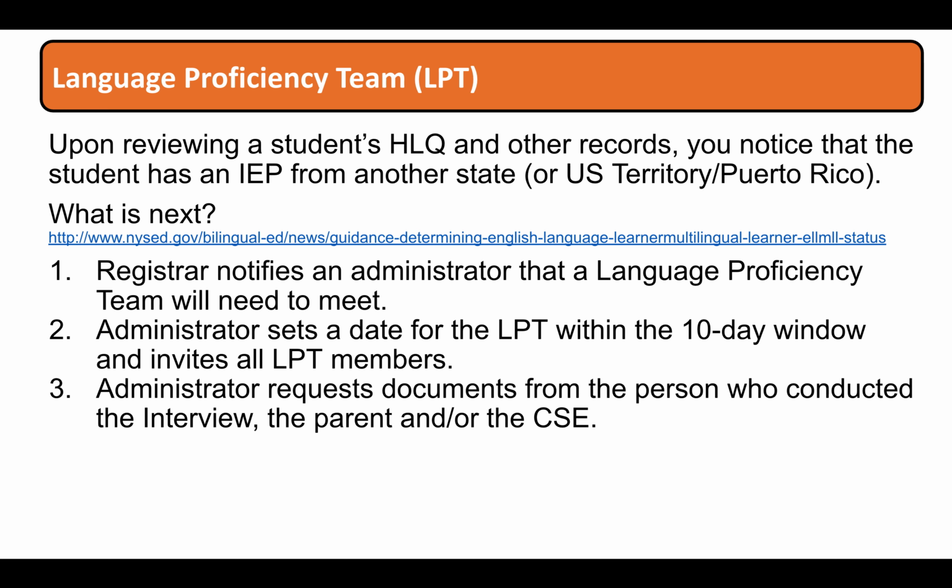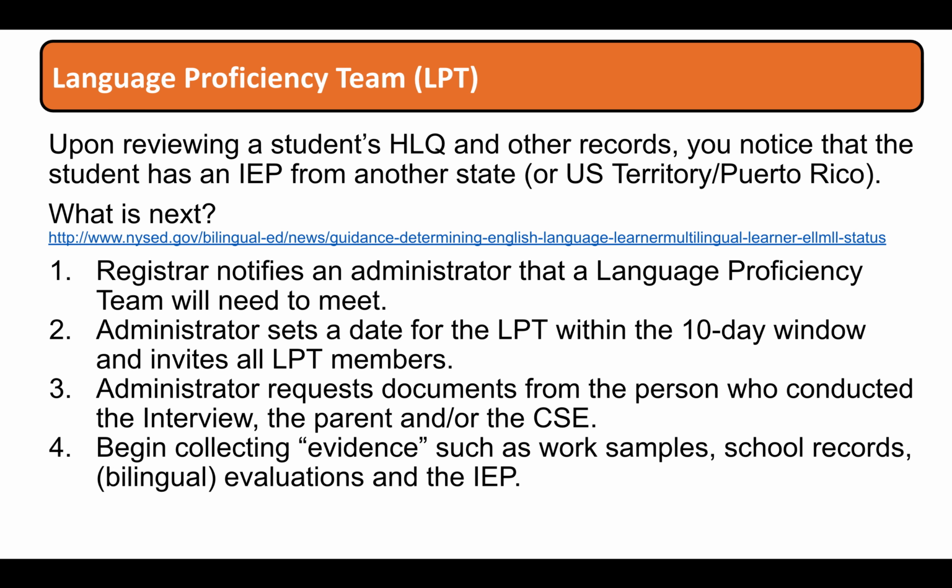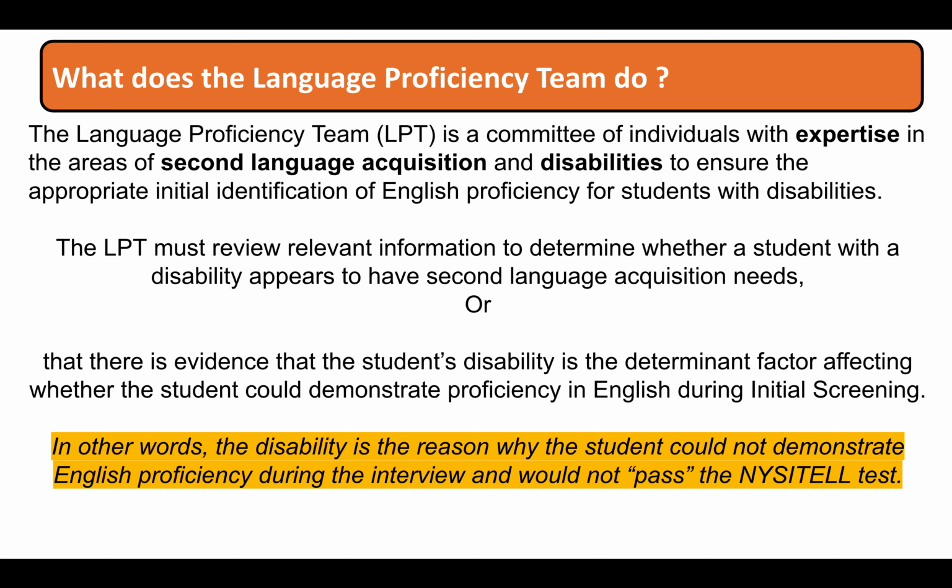The administrator requests documents from the person who conducted the interview, the parent and/or a CSE if it was held in a previous district or location, or state, I should say. Begin evaluating and collecting the evidence such as work samples, school records, bilingual evaluations, and the IEP.